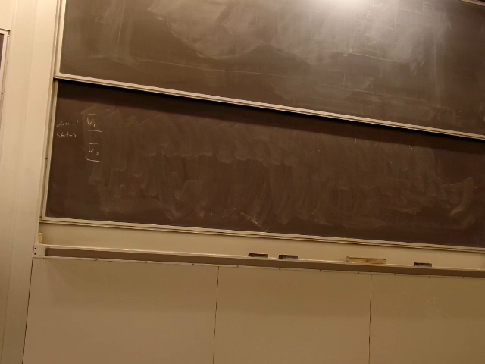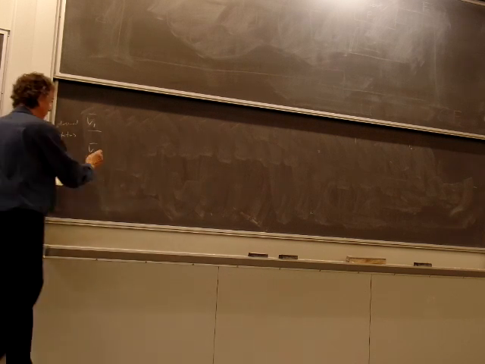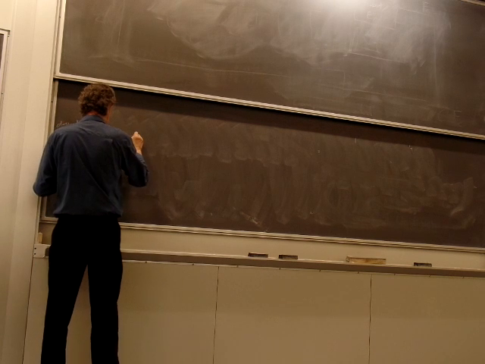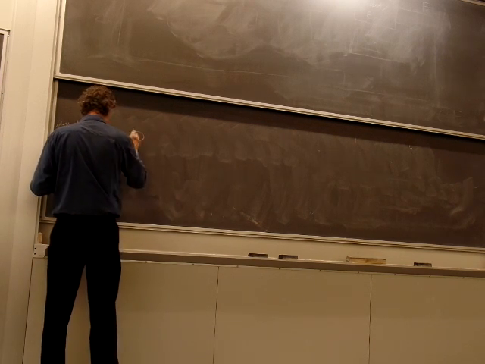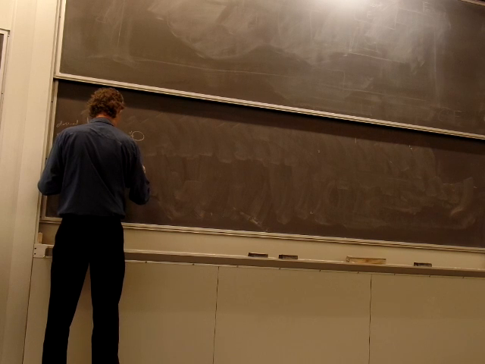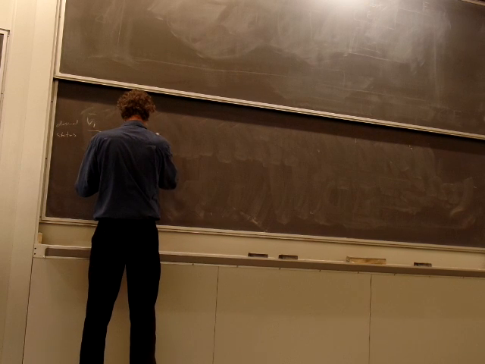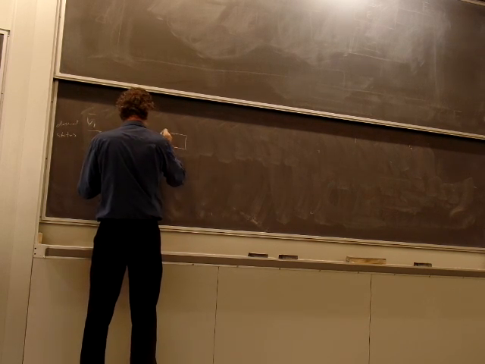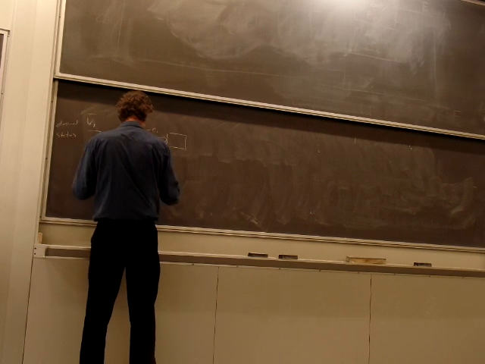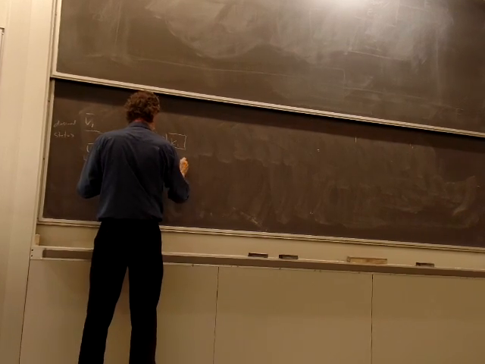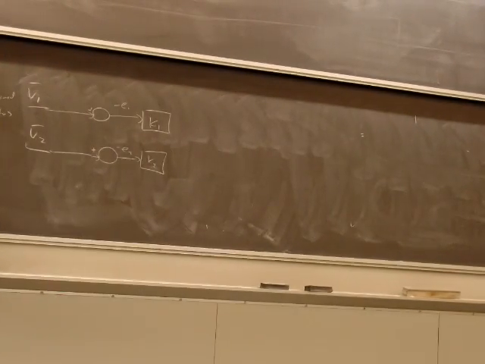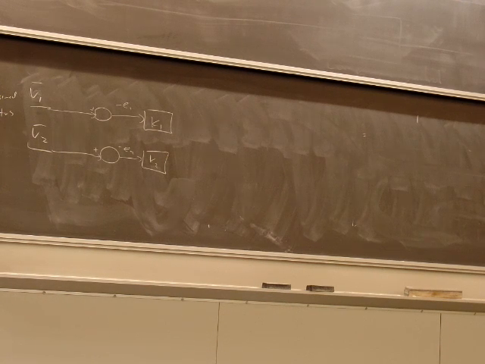We're tracking things as analog: temperature 1, voltage V1, V1 bar, temperature 2, voltage V2, V2 bar. They go into a summation each. The output of the summation is minus E1, and the other is minus E2. Those are controller gains. How do we find the controller gains? Pole placement.